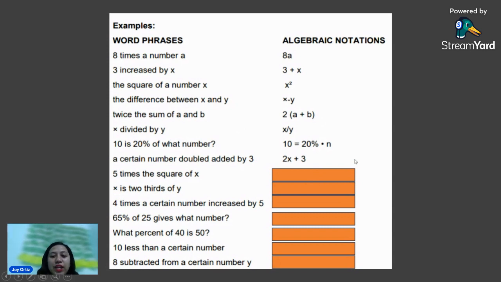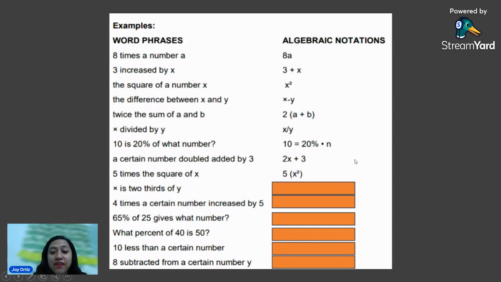Okay, so the answer is 5x squared. How about x is 2/3 of y? What is the algebraic notation? Okay, it's x equals 2/3 times y.